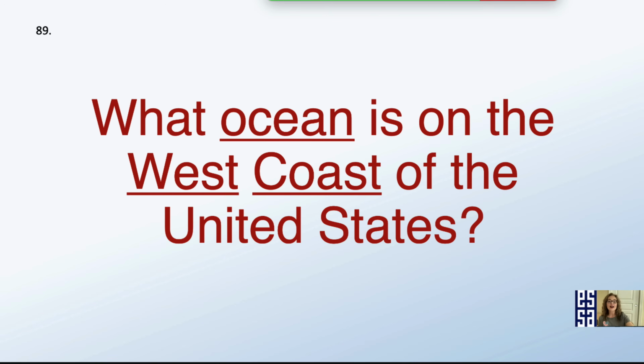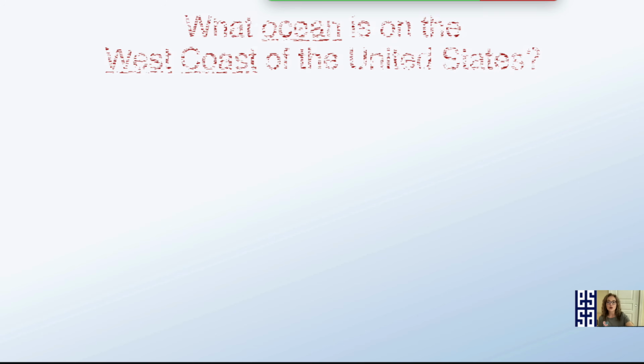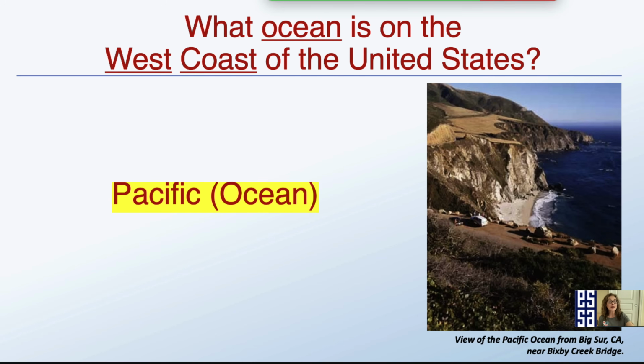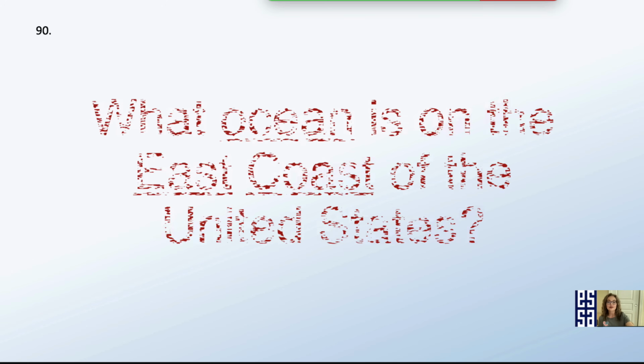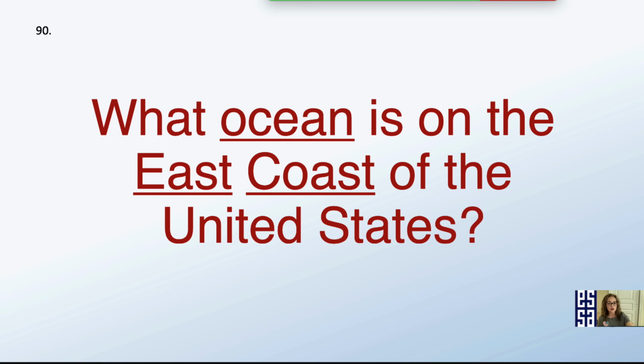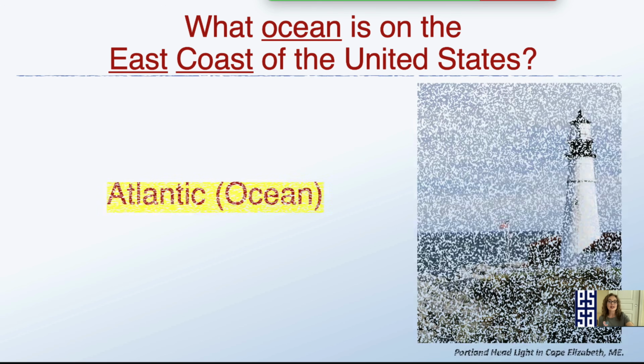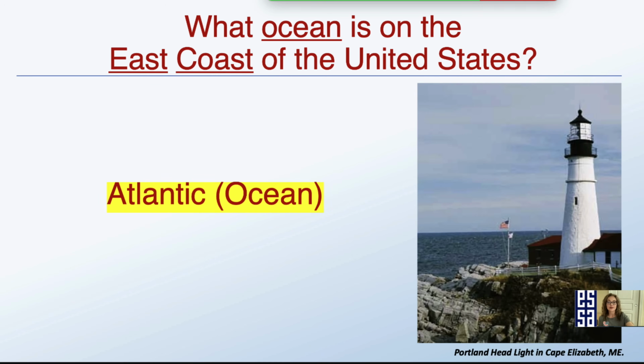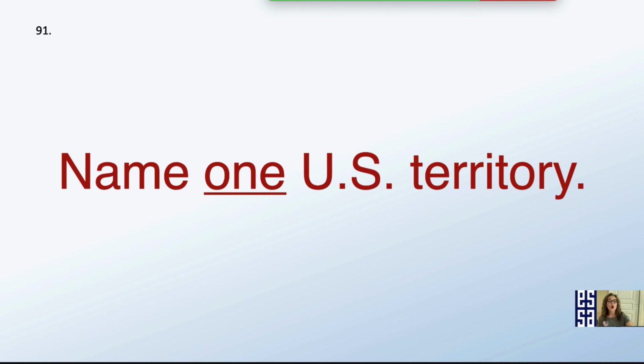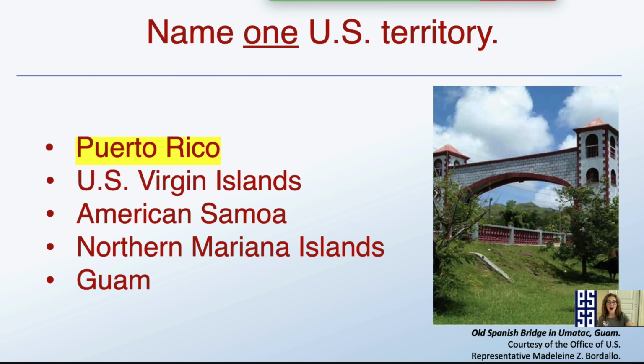What ocean is on the west coast of the United States? The Pacific Ocean. What ocean is on the east coast? The Atlantic Ocean. Name one U.S. territory. Okay, we have 5. Here I chose Puerto Rico.